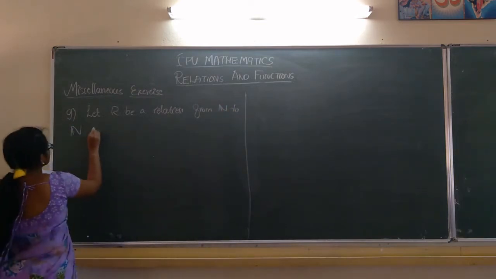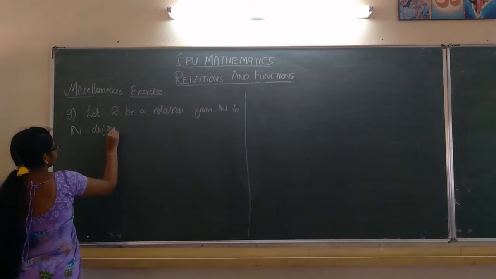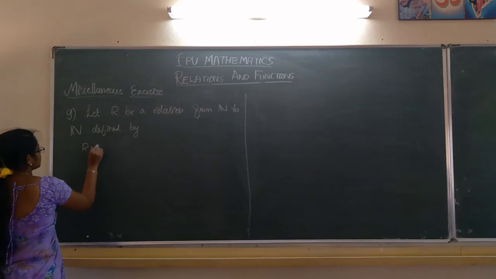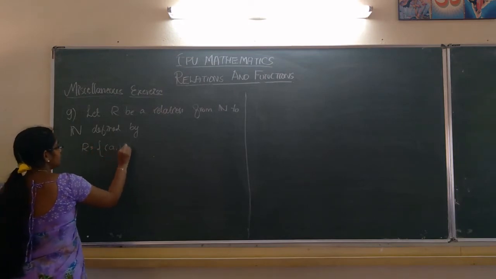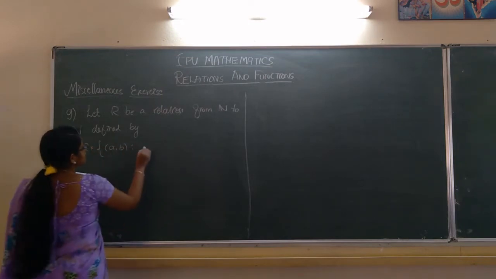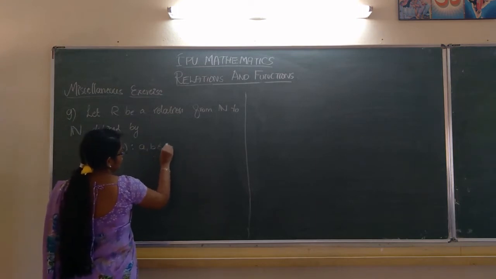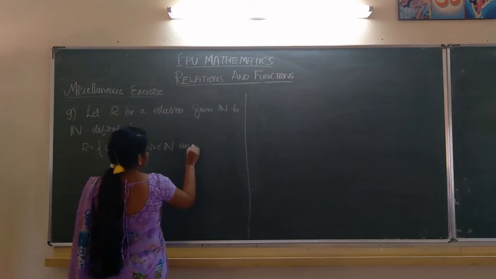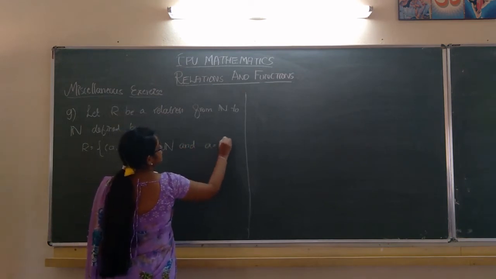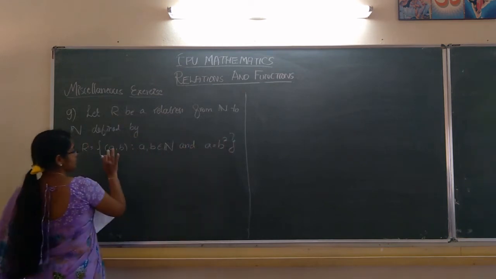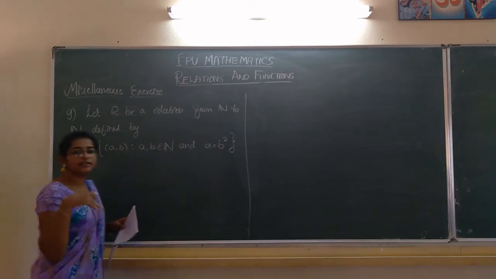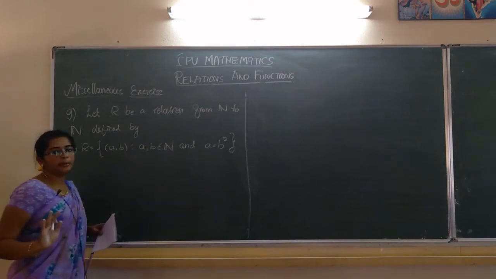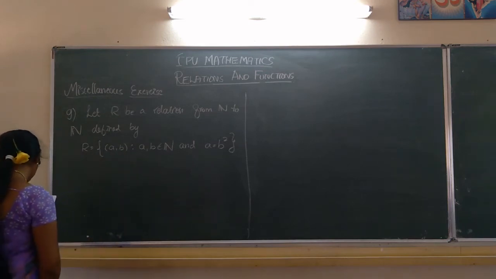R is defined as the set of all ordered pairs A comma B such that A and B belong to N, that is A and B are natural numbers, and A is equal to B square. Okay? That is, the first element is equal to the square of the second element. That is how the relation is defined.